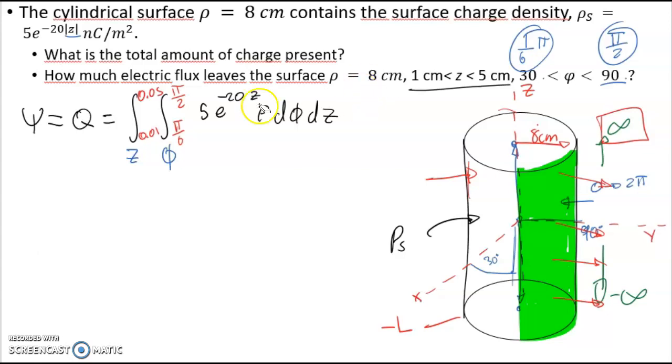We can replace the rho by 0.08, which is a fixed number we know, and we can start simplifying the equation. We know 5 and this value are going to go out.